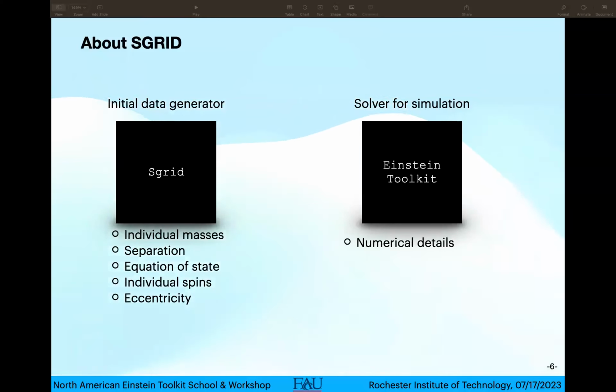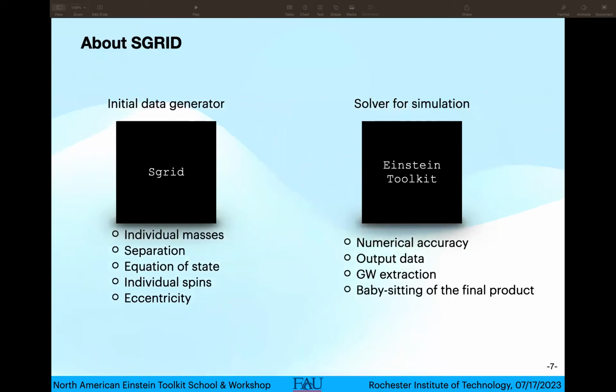On the other hand, we have Einstein Toolkit, and here that's exactly the moment when we need to talk about babysitting the code. Here we need to set a lot of different numerical details. We need to choose our output data, where we would like to extract gravitational waves. And in principle, babysitting this code is a time-consuming issue.